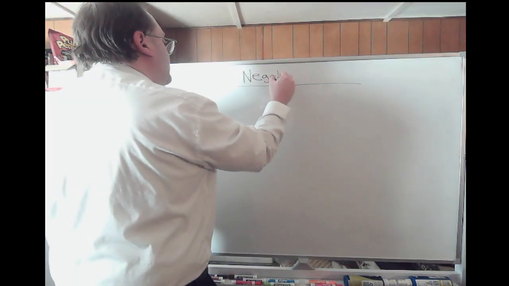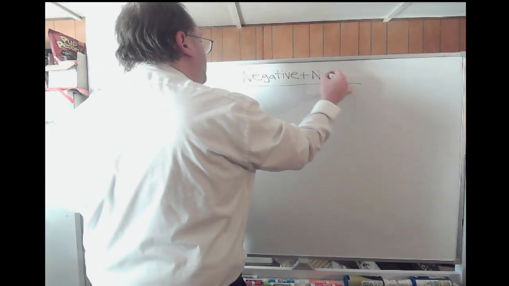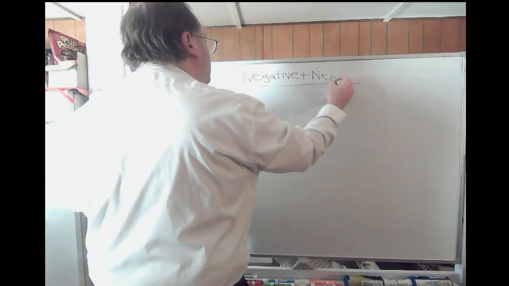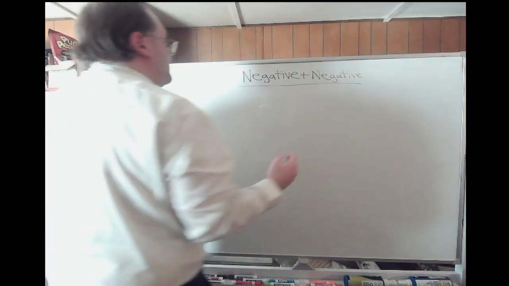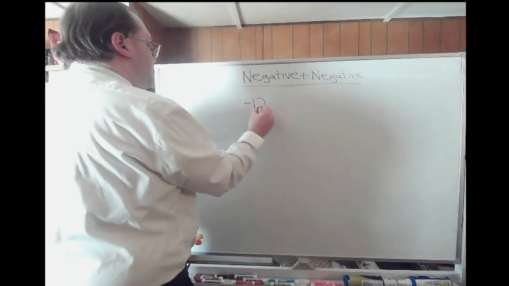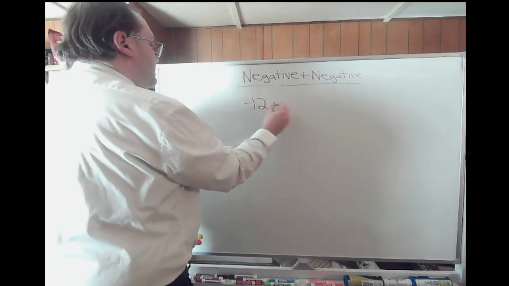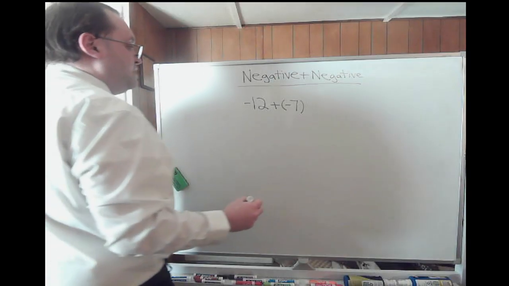Now how about if both numbers are negative? We have a negative plus a negative. So let's say we have negative 12 plus negative 7, right?